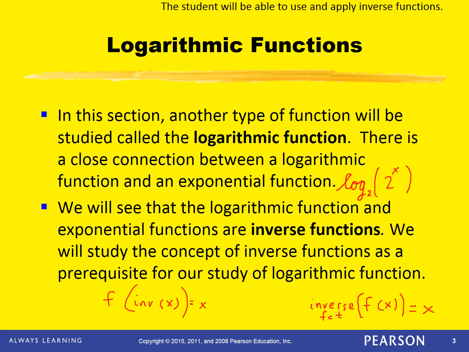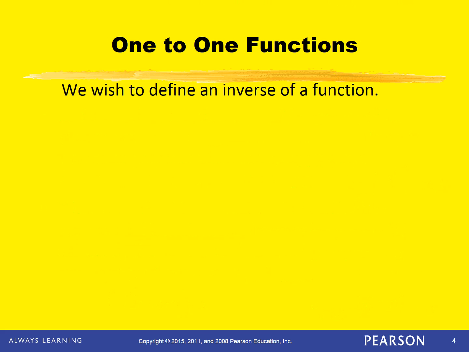You take an x, you run it through the exponential function 2 to the x, you have an output. If you run that through the inverse function, which is the logarithmic function, with the subscript 2, which has a meaning, and that 2 is the same 2 as the base of the exponential expression, the output will be the original x. So that's a sense of what's coming with this idea of defining inverse functions for logarithmic and exponential functions.